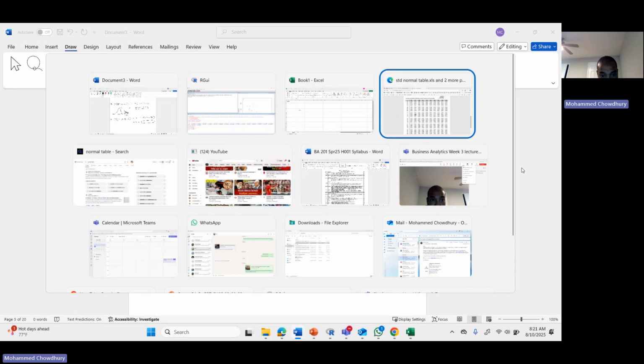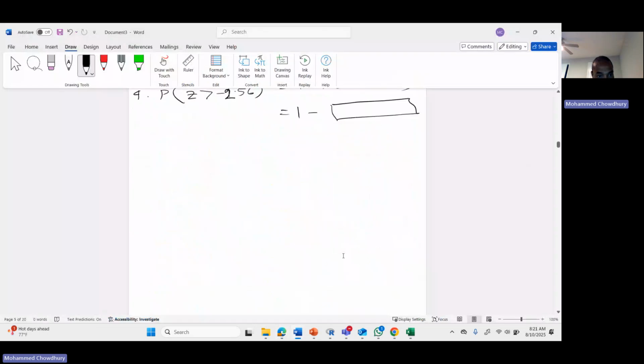Okay, after these things, now I want to move to another type of problem. I want to do now number 5, probability of Z between 2 and 3. How can you do that?